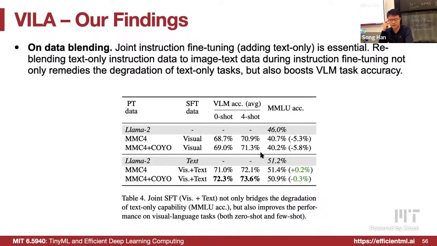Next finding is that data blending is also crucial. For joint instruction fine-tuning, we should add text-only data. Although we are working on a visual language model, sometimes we should blend it with text-only data.